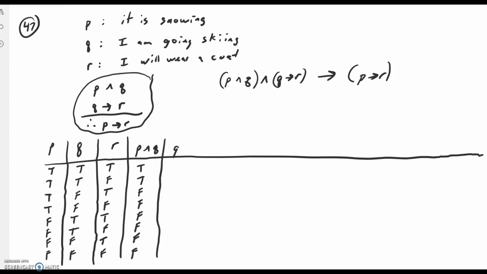And then we need a Q implies R. And we know that this will be false when Q is true and R is false, and that happens here, and it happens here, and that's the only times it happens.